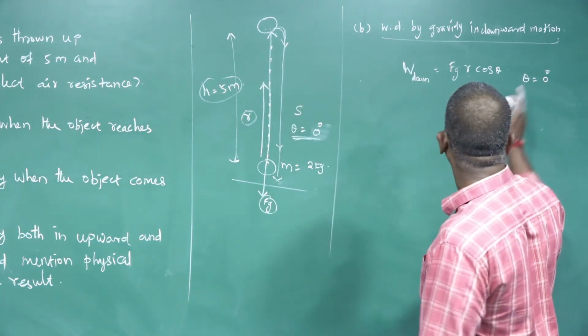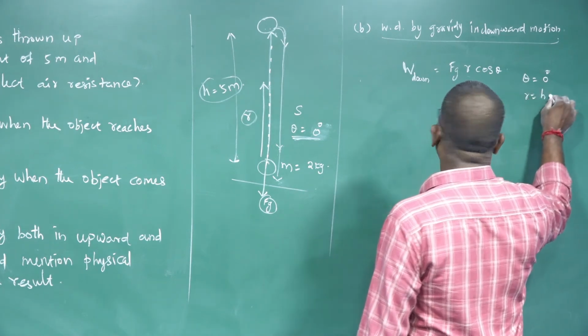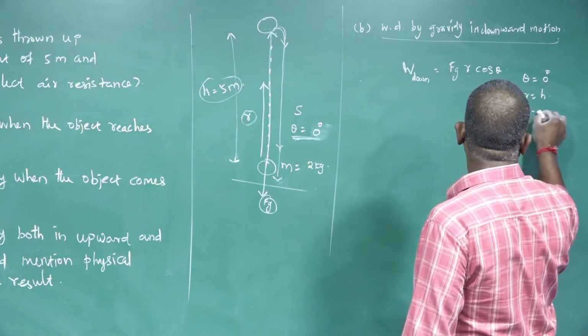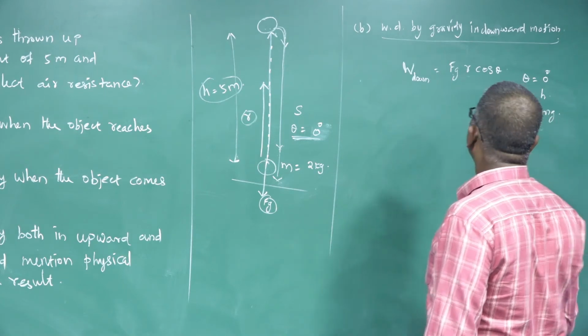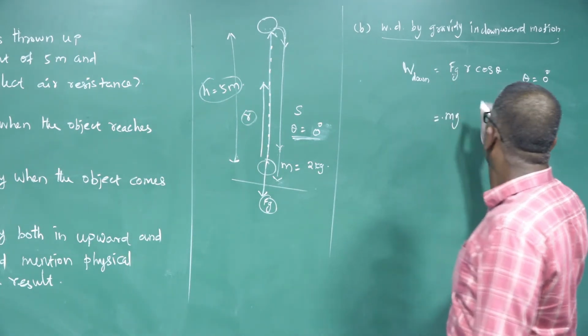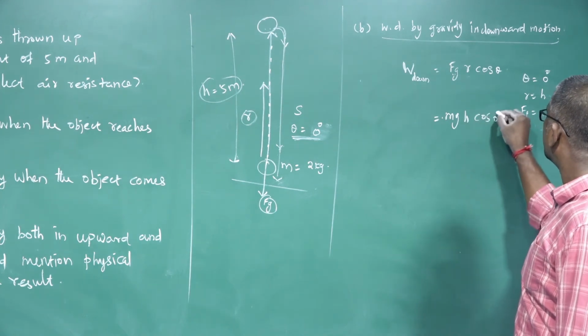And r is nothing but height, and F_g is equal to mg. So W_down = mg·h·cos 0 degrees.